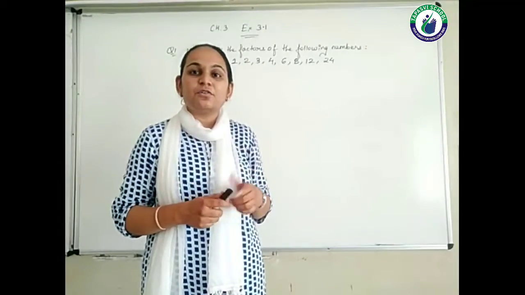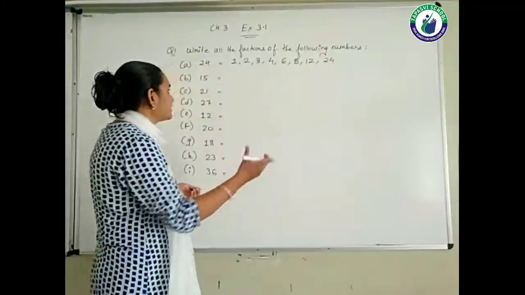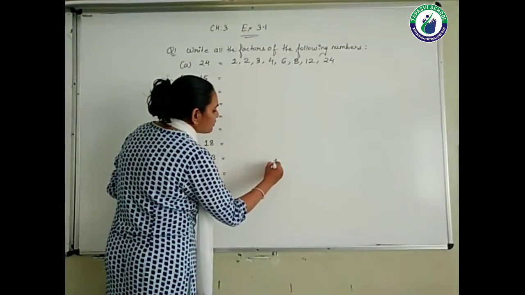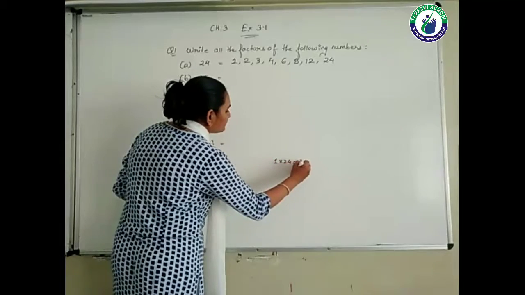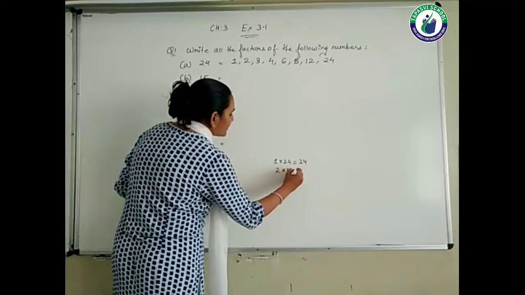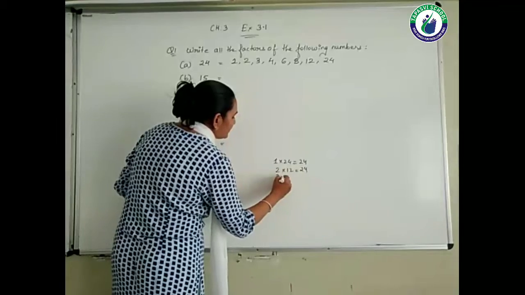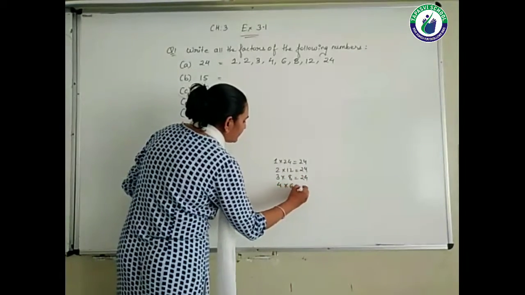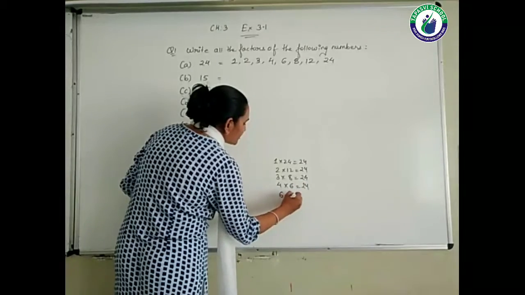Or you can even do it like this also, students. 1 into 24 is 24. 2 12s are 24. 3 8s are 24. 4 6s are 24. And 6 4s are 24.